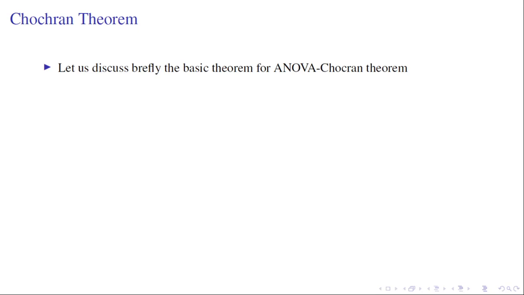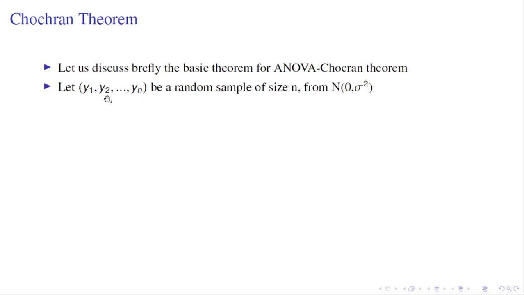Let us discuss briefly the basic theorem for ANOVA, Cochran's theorem. Let y1, y2, ..., yn be a random sample of size n from a normal population with zero mean and sigma square variance.